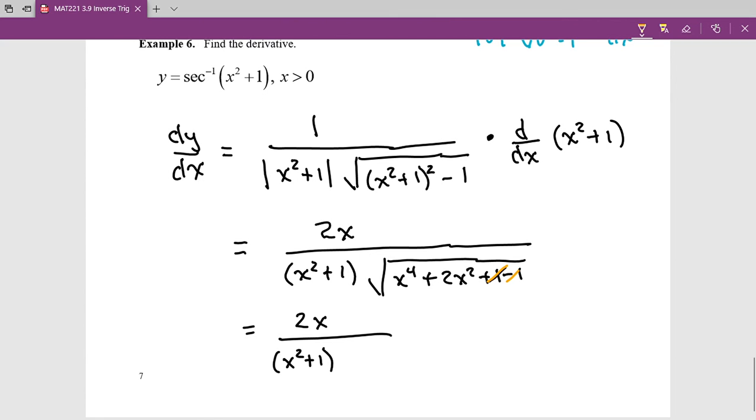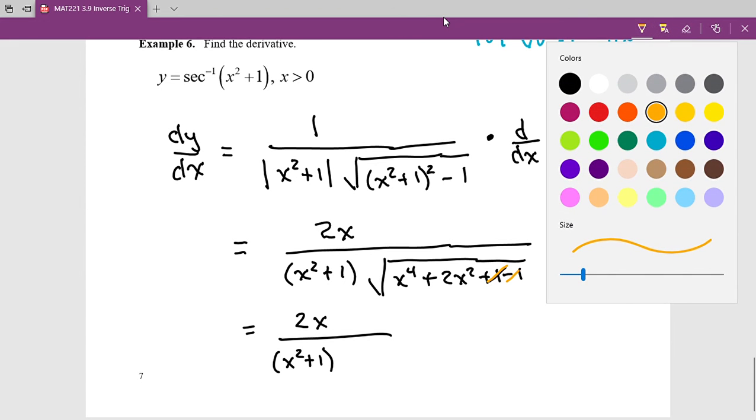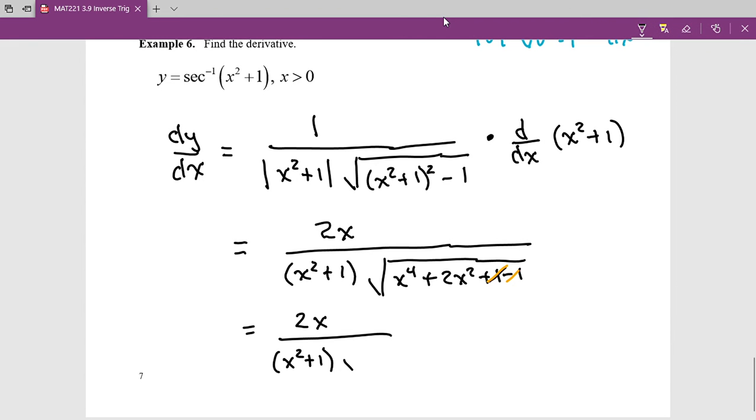Also, if I look at what we have left, I can factor out an x squared there. And what do I have left then? X squared plus 2.